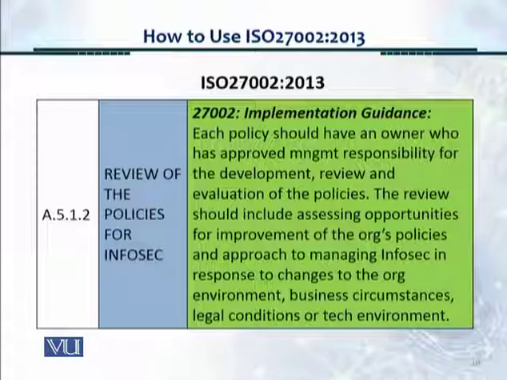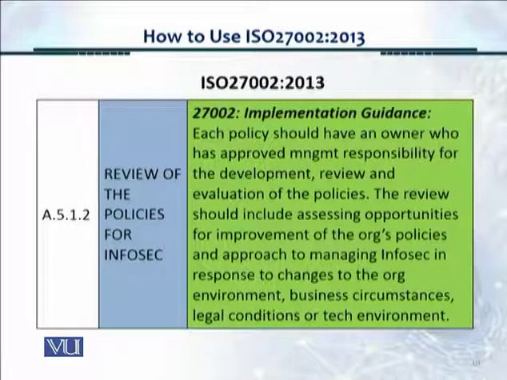So 27002 tells us in green, each policy should have an owner who has approved management responsibility for the development, review, and evaluation of the policies. The review should include assessing opportunities for improvement of the organization's policies and approach to managing information security in response to changes to the organizational environment, business circumstances, legal conditions, or the tech environment.